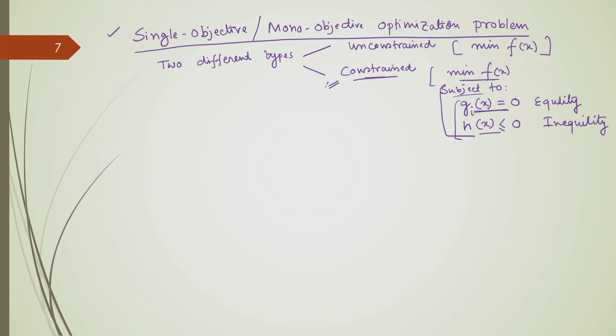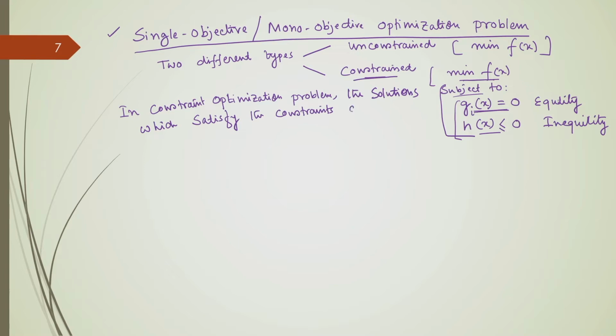So, in a constrained optimization problem, the solutions which satisfy the constraints are called feasible solutions.